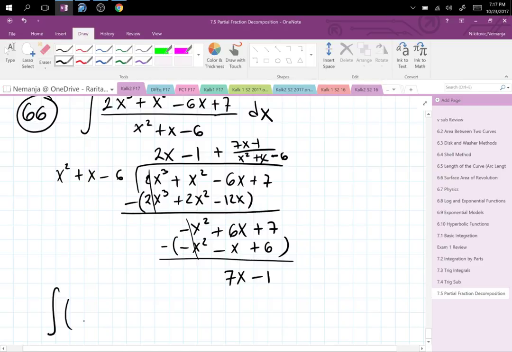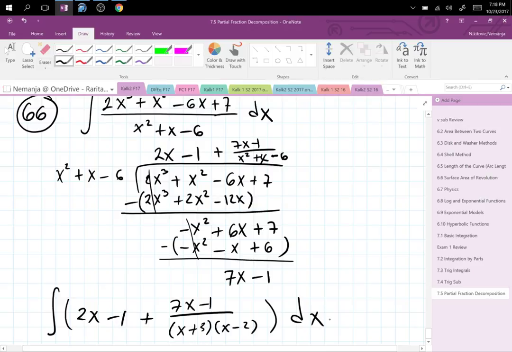So now you have your integral to be 2x minus 1 plus 7x minus 1 over, and if you factor this, you get x plus 3, x minus 2, and all of this dx. What you see is that the remainder is the partial fraction decomposition, and you know how to integrate 2x minus 1.